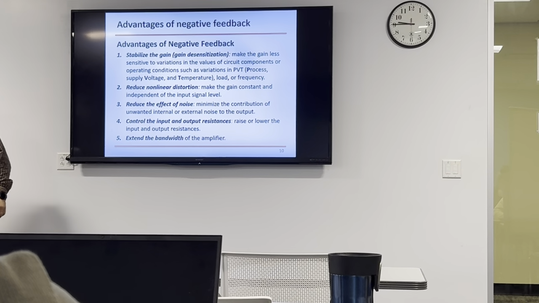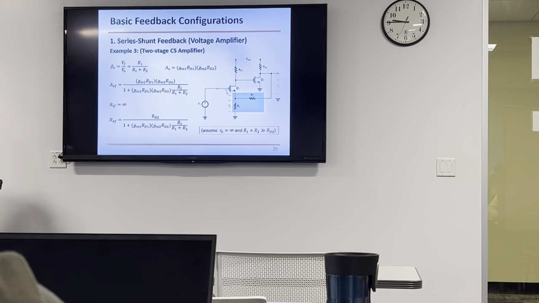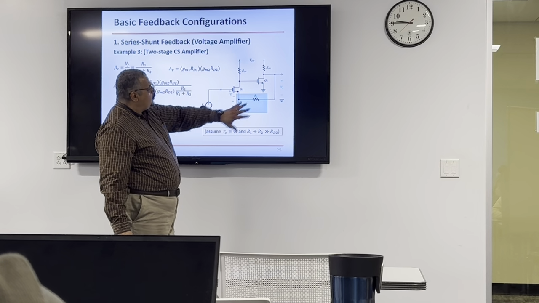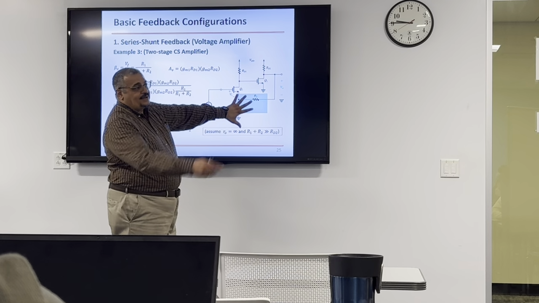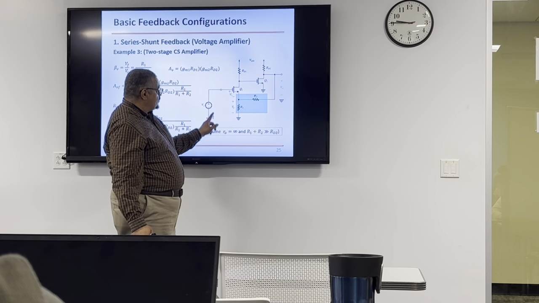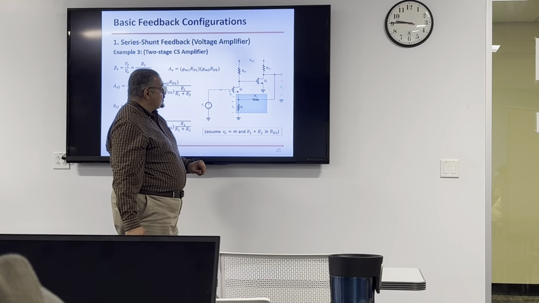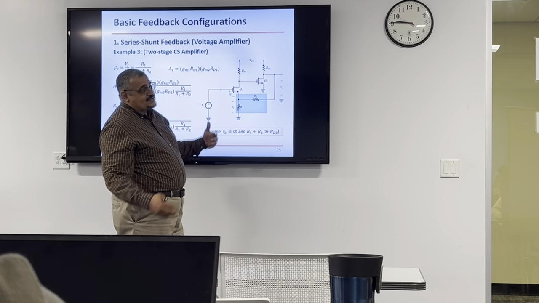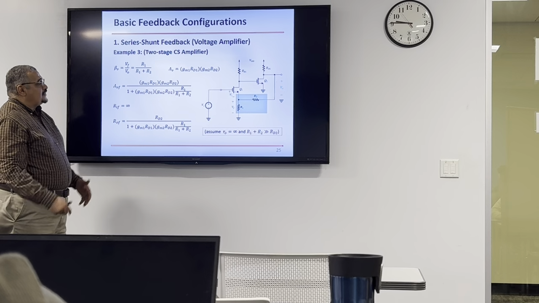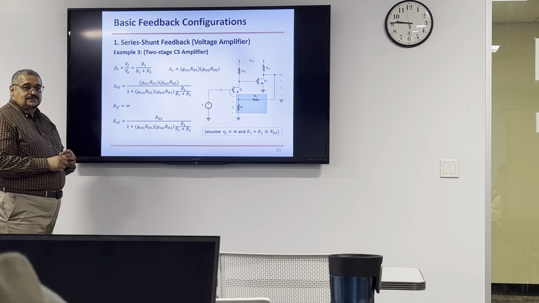So you do the feedback in this circuit, instead of designing this circuit without feedback. You pay some price of reducing the gain, but you get other advantages of increasing the input impedance, reducing the output impedance, having the gain less sensitive to the transistor parameters, and increasing the bandwidth, and so on. So this is the main idea. Okay.